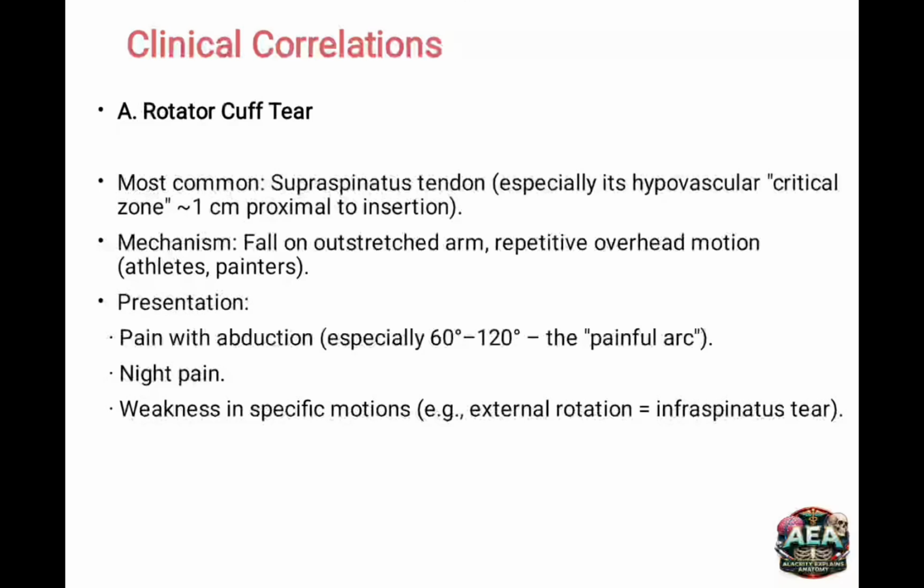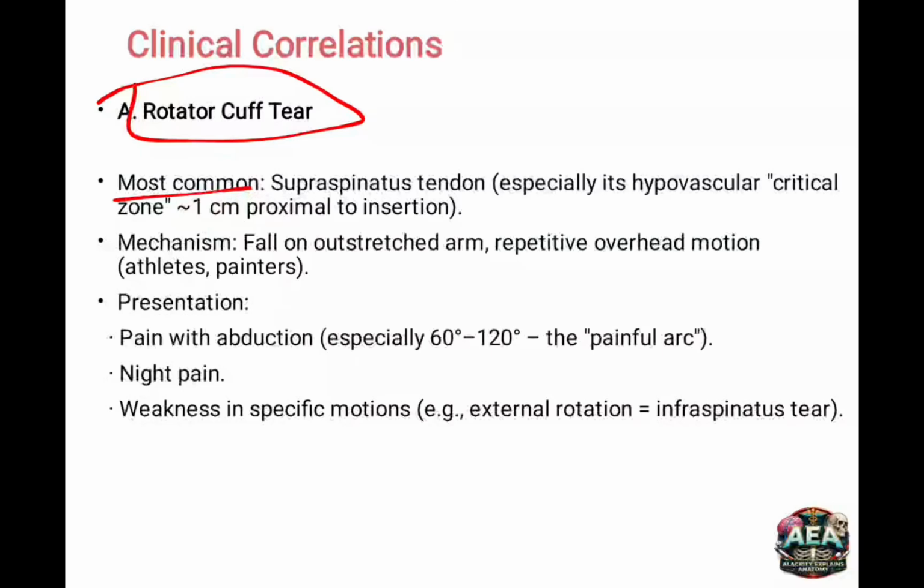Now let's look at important clinical correlates. We have the rotator cuff tear. A rotator cuff tear is a tear of the rotator cuff muscle. It's the most common clinical correlate of the supraspinatus muscle.